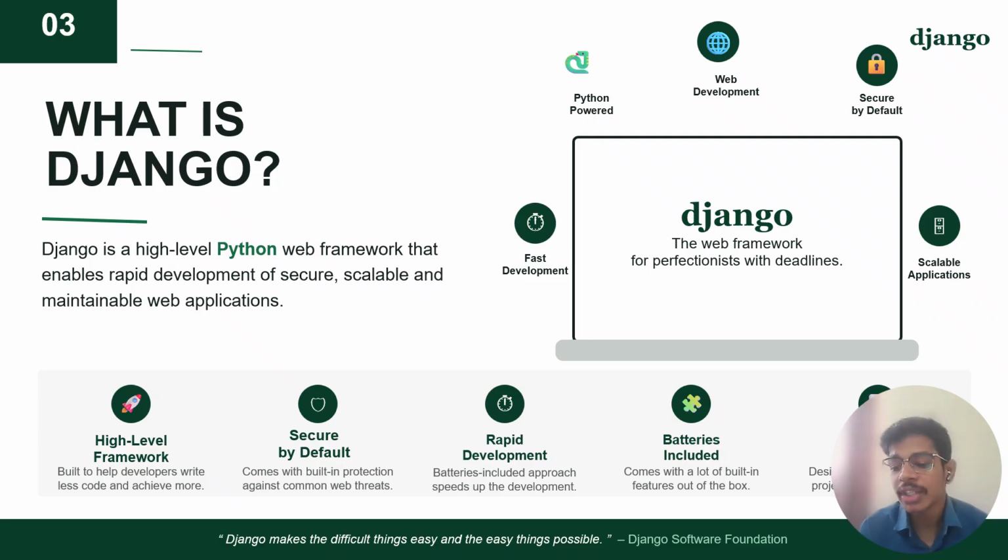Another important feature is that Django is secure by default. It already includes protection against common web security attacks. It also supports rapid development, meaning developers can build applications much faster. Django is also designed to create scalable applications, so projects can grow from small websites to large enterprise applications.